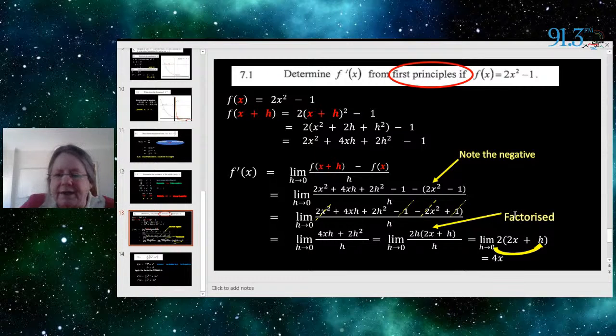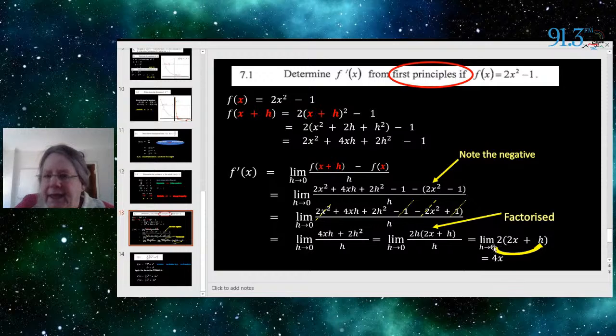Now we need to factorize. We take out the 2h, a common factor, 2h. What remains inside the bracket is 2x plus h, over h. And then we can cancel these h's. So we end up having the limit h strives to be 0 of 2, open bracket, 2x plus h.